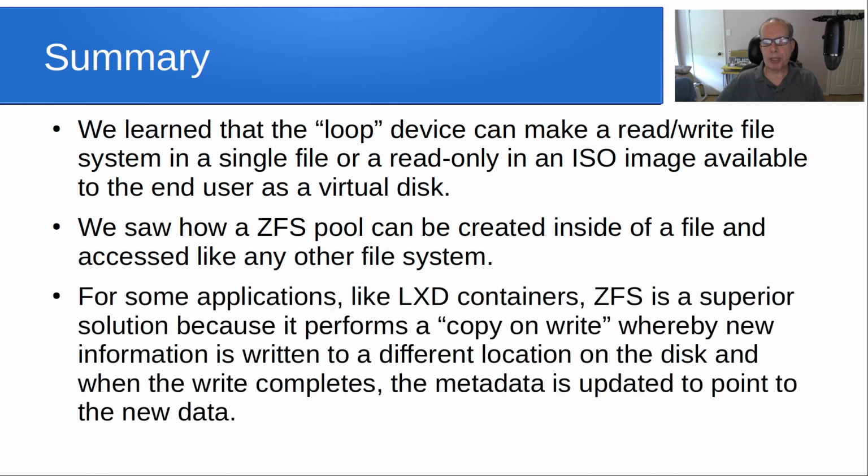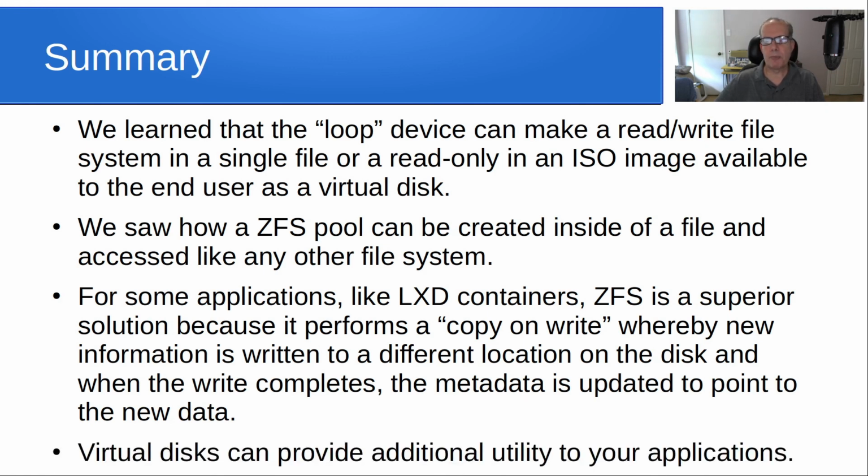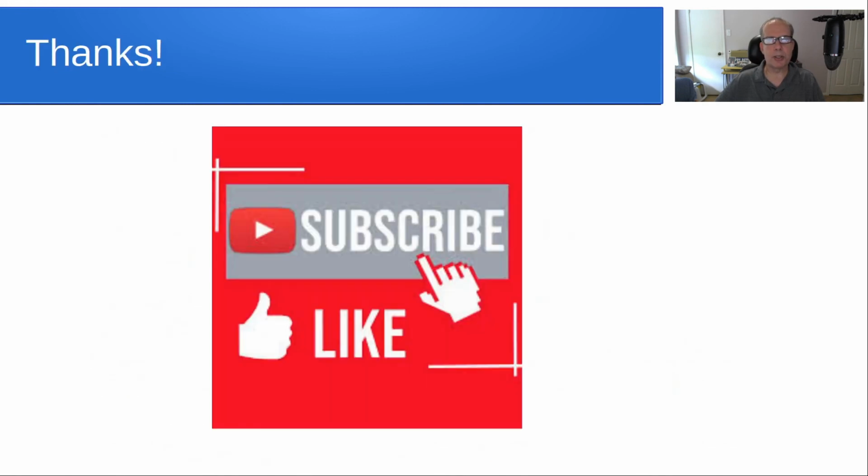And for some applications like LXD containers, ZFS is a superior solution because it performs a copy on write, whereby new information is written to a different location on the disk, and when the write completes, the metadata is updated to point to the new data, thereby making the file system far less susceptible to corruption. Virtual disks can provide additional utility to your applications.